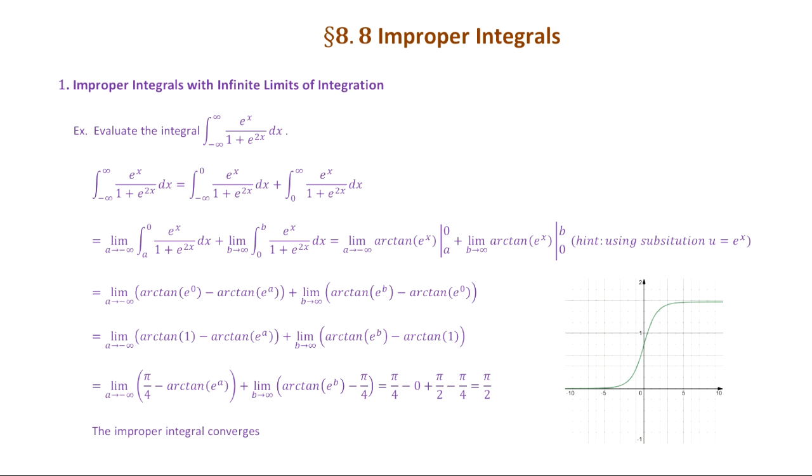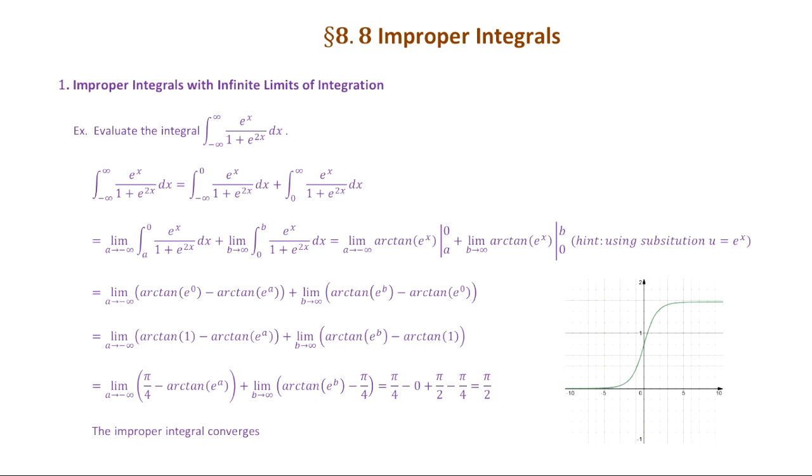Okay, so just do it term by term. So in the first term, you get arctangent e to the 0 minus arctangent e to the a. Remember, that's how you plug in. And then take the limit approaching negative infinity. And in the second term, you got arctangent e to the b minus arctangent e to the 0, and then take the limit with b approaching positive infinity.